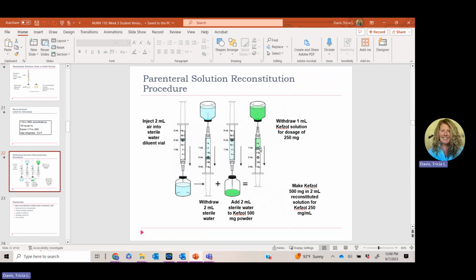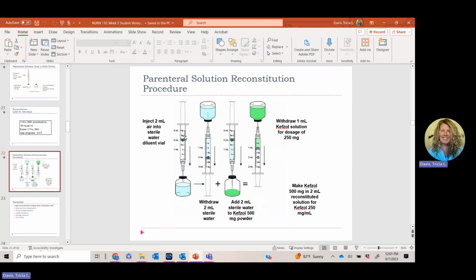All right, so this is a parenteral solution reconstitution procedure. So with this procedure, we are drawing up Kefazole, okay? So we are going to inject 2 mLs of air into our sterile water fluid because we need to pull back water. So we're going to put, however much we want to pull back, we're going to put that much air in.